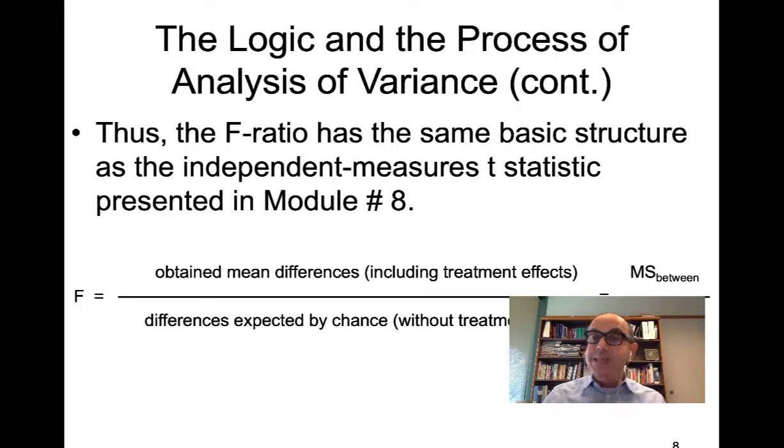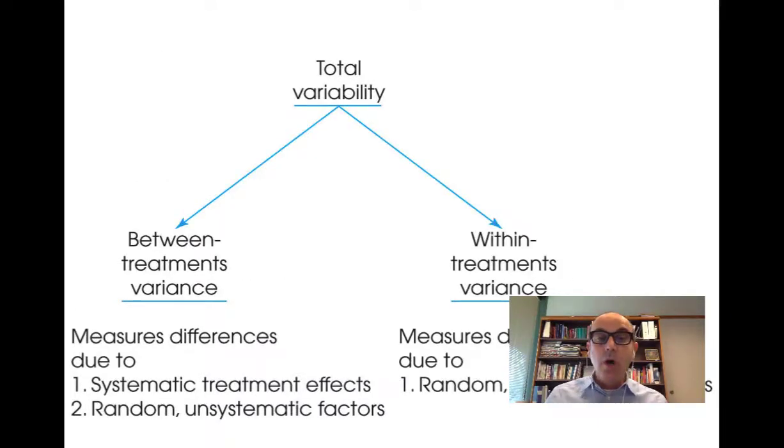In this case, the F ratio is equal to the obtained mean differences divided by the differences expected by chance, which is basically the MS between divided by the MS within. So what are we looking for? We are looking at the measurements of the difference due to systematic treatment, or the difference due to unsystematic factors.